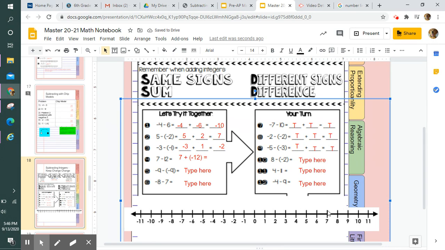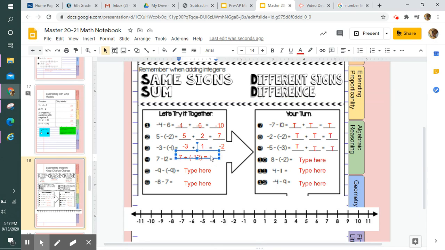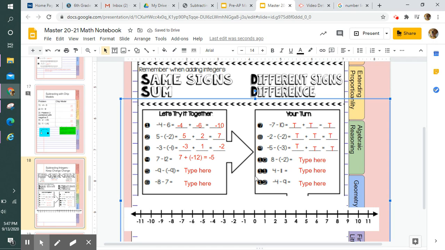If we start at 7 and then add -12, we have to go to the left 12 spaces. 1, 2, 3, 4, 5, 6, 7, 8, 9, 10, 11, and 12. And our answer is -5. So 7 plus -12 is -5.